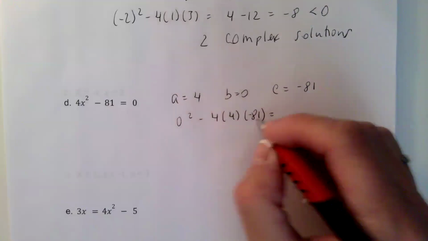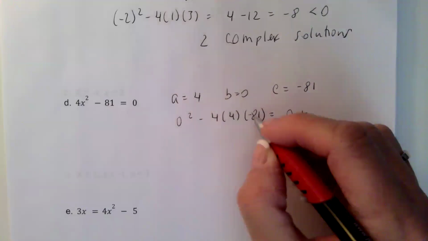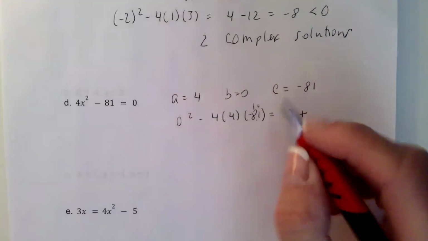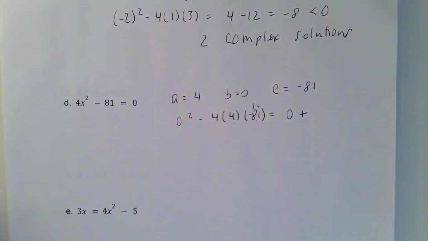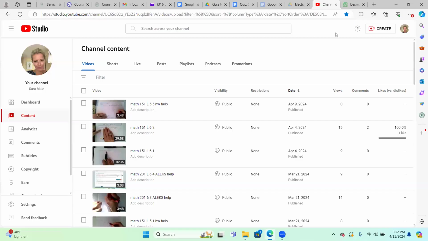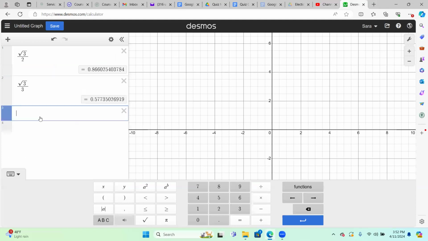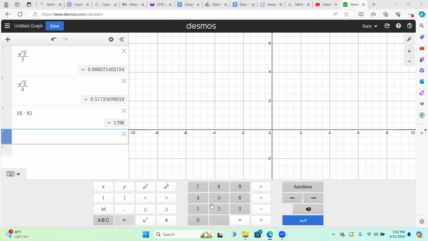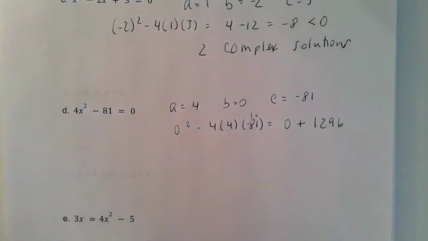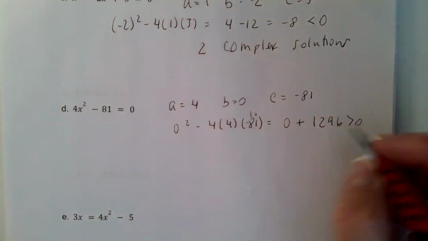So this is 0 plus 16 times 81, which is 1296. So 1296 is greater than 0.